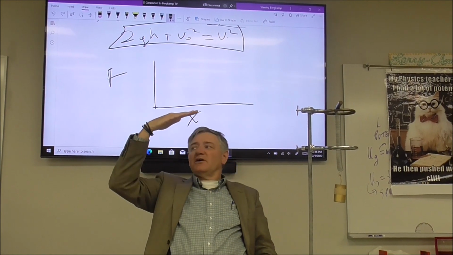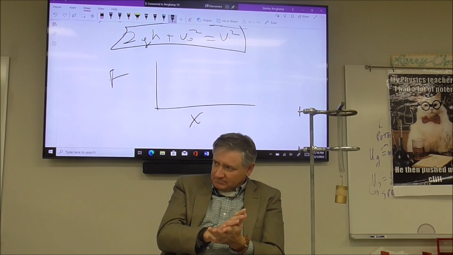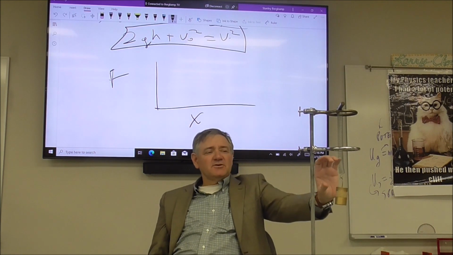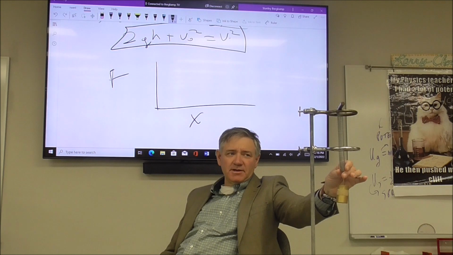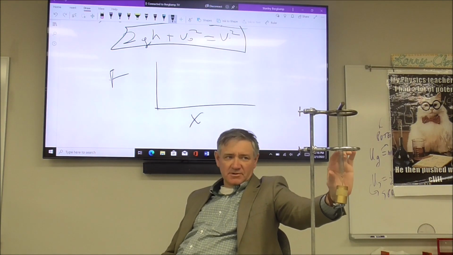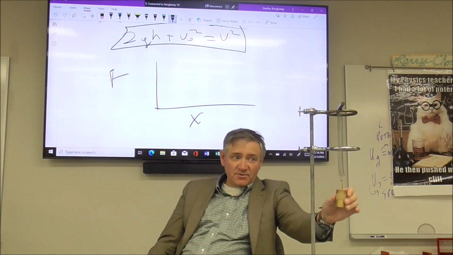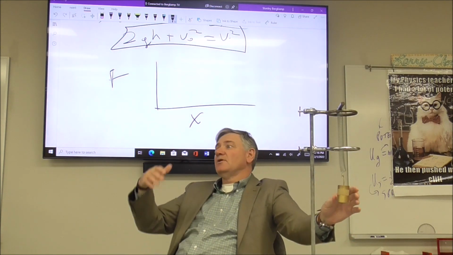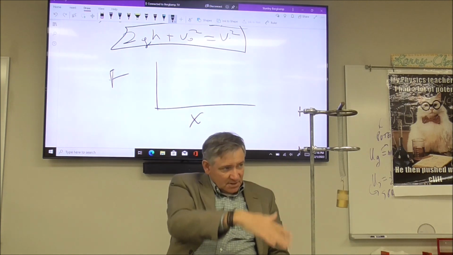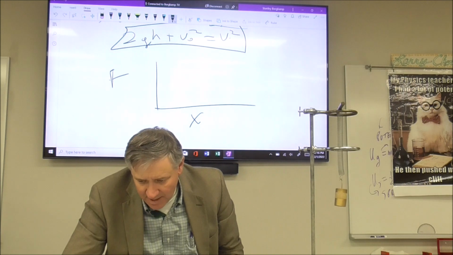This is elongation, not the length of the spring. You're going to measure from here down to here, from the bottom of this one down here. You stretch it further and further, and the further you stretch it, the more force you need. Hooke's law. So you're going to generate a graph.